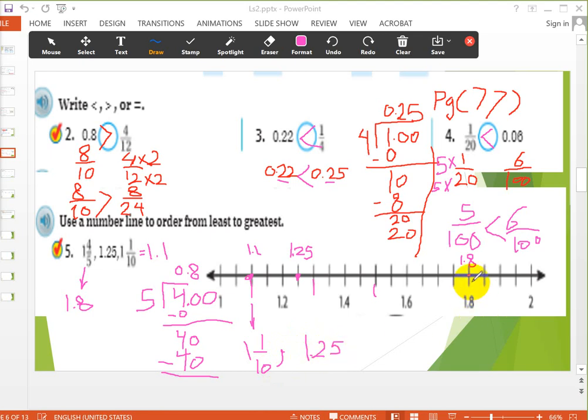The last number is 1.8, the greatest number. I have to write it as a mixed number, 1 and 4 over 5. So I will write 1 and 4 over 5.